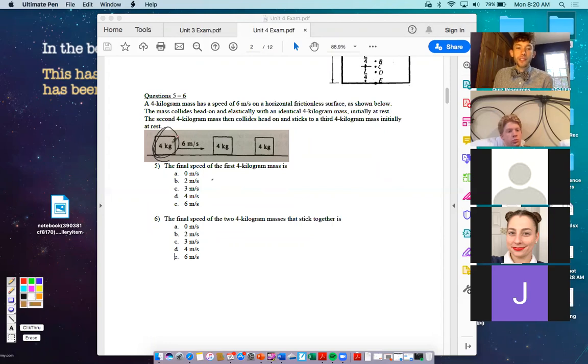So in other words, as this 4 kilogram mass collides with this one, it's a perfectly elastic collision. I don't lose any energy due to friction or anything. The 2 blocks are just going to exchange velocities. So if this one is at rest, after this one collides, it's going to be at rest. So the final speed of this one is going to be 0. So the answer to 5 is A. Okay.